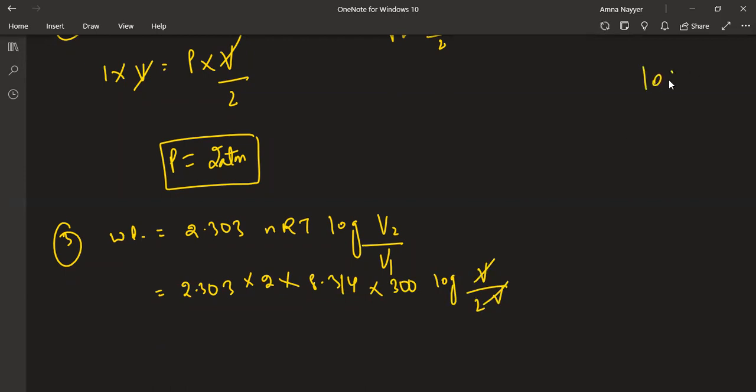So log half means what? 1 by 2. So it's like log A by B. What did I tell you? This is log A minus log B. That is log 1 minus log 2.